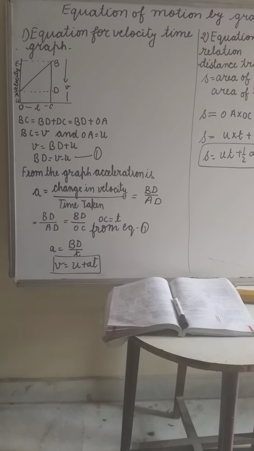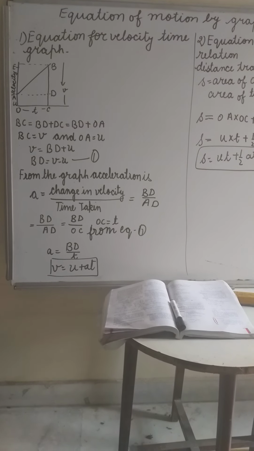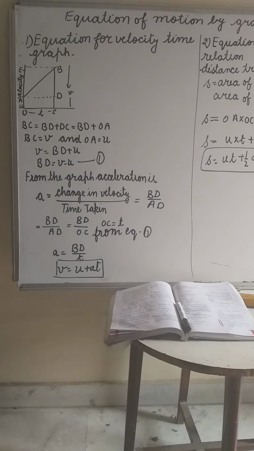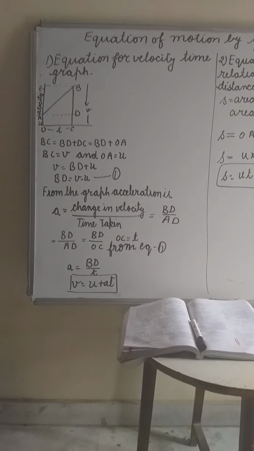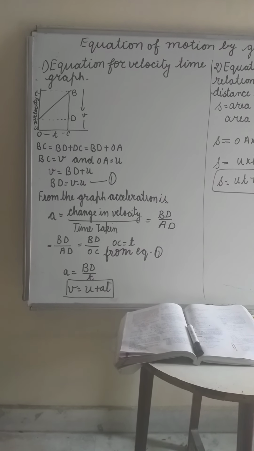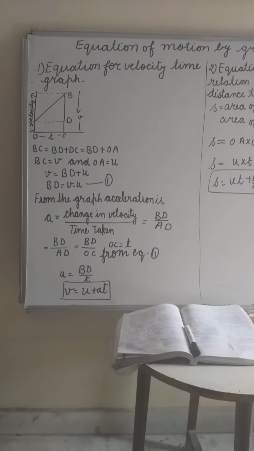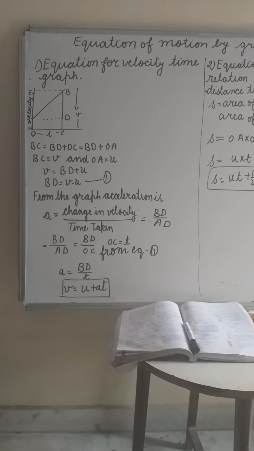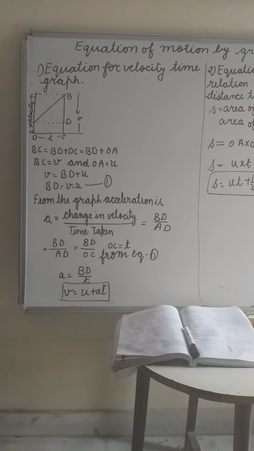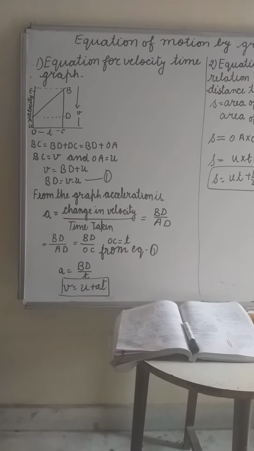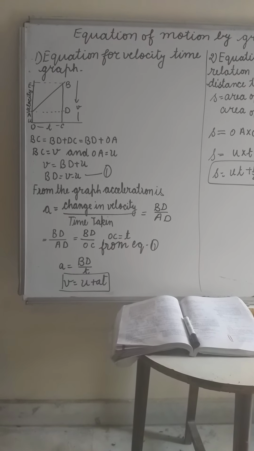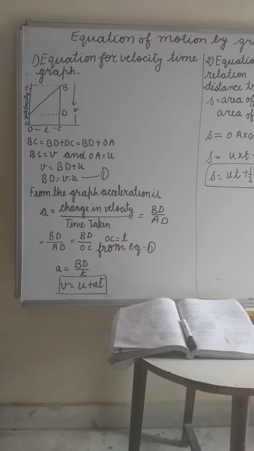From the graph, acceleration A is equal to change in velocity upon time taken. So the change in velocity is BD and the time taken is AD. So BD upon AD, and what can we write instead of AD? OC.